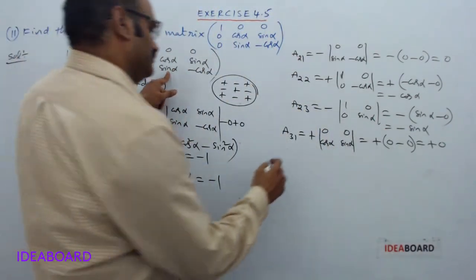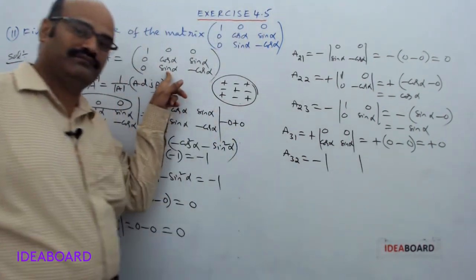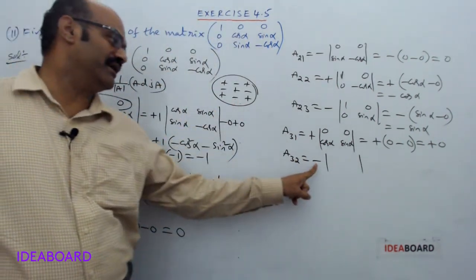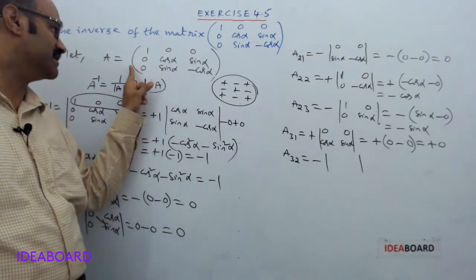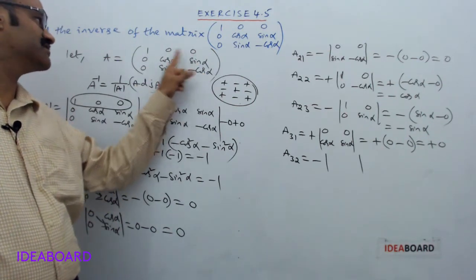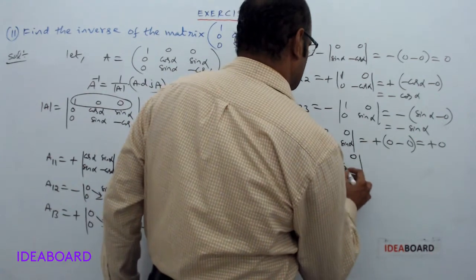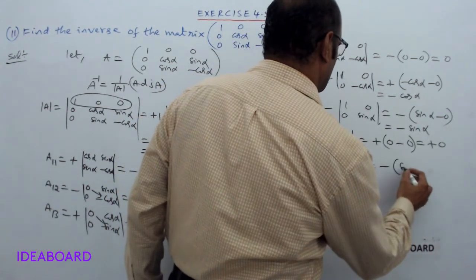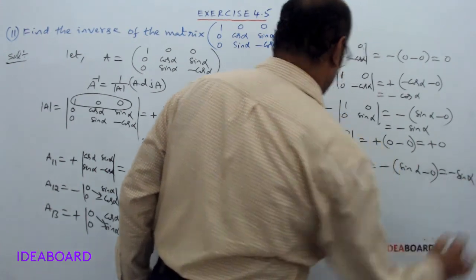Next A32, the sign is minus, cofactor of sin alpha in third row and second column. The remaining elements are 1, 0, 0, sin alpha, giving minus of sin alpha minus 0 equals minus sin alpha.